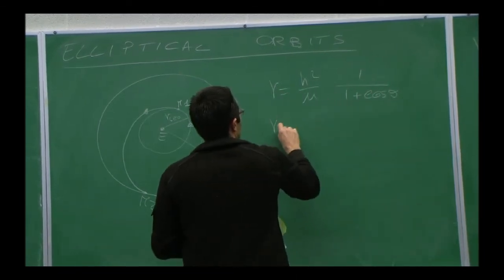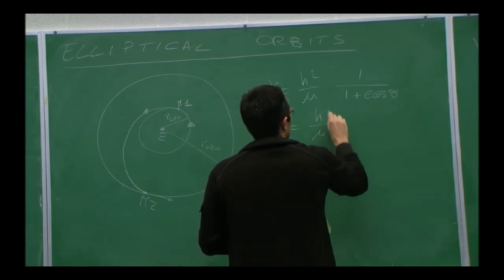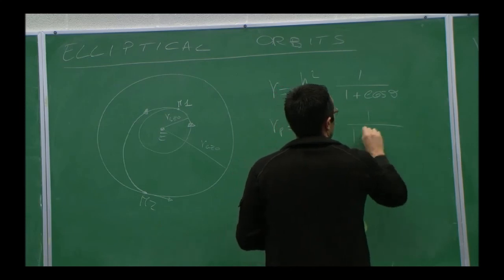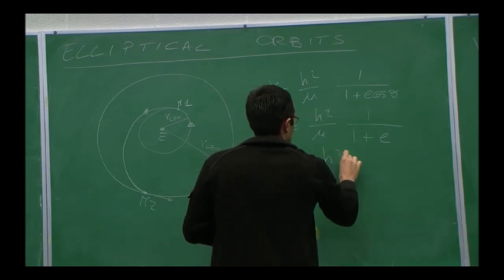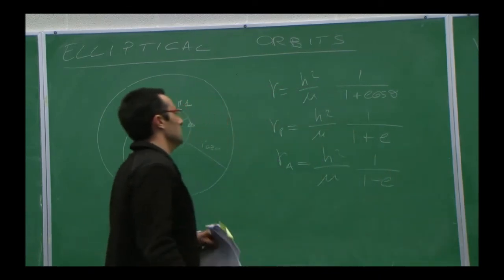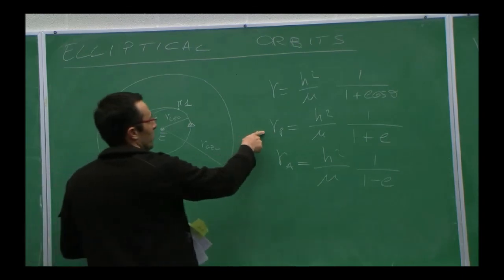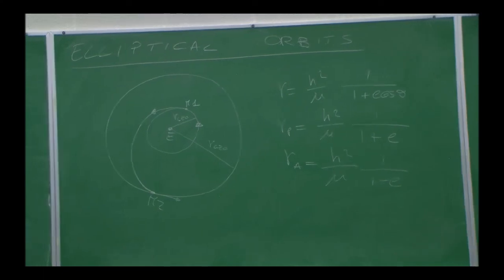We know that the perigee is at theta equals 0. The apogee is at this value. So that's the closest point. This is the faraway point. And next time, what I will do, and I'll stop here, I'll start drawing the orbits as an ellipse.